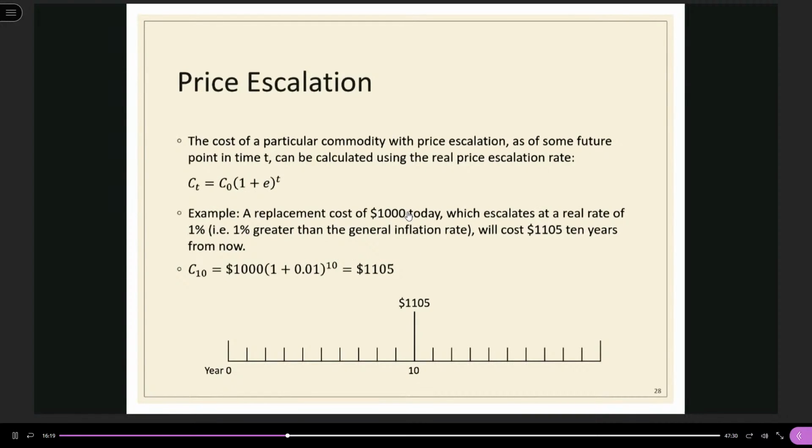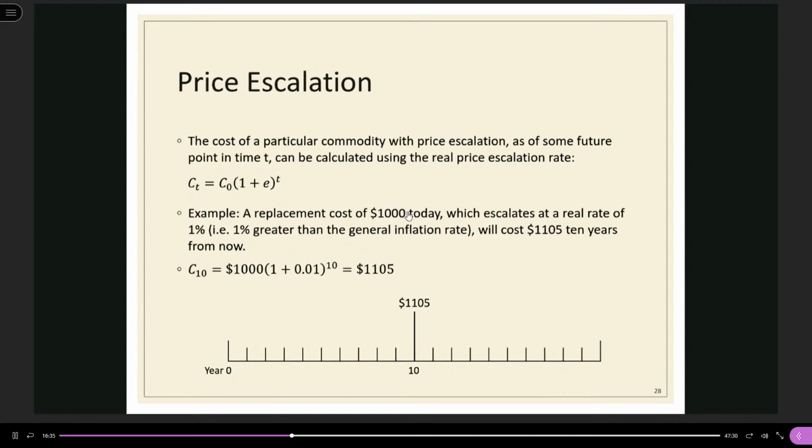The cost of a particular commodity with price escalation at some future point in time t can be calculated using the real price escalation rate.